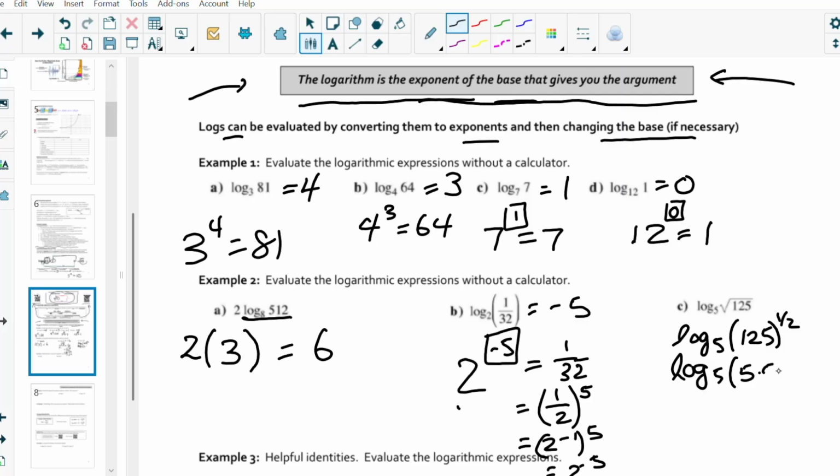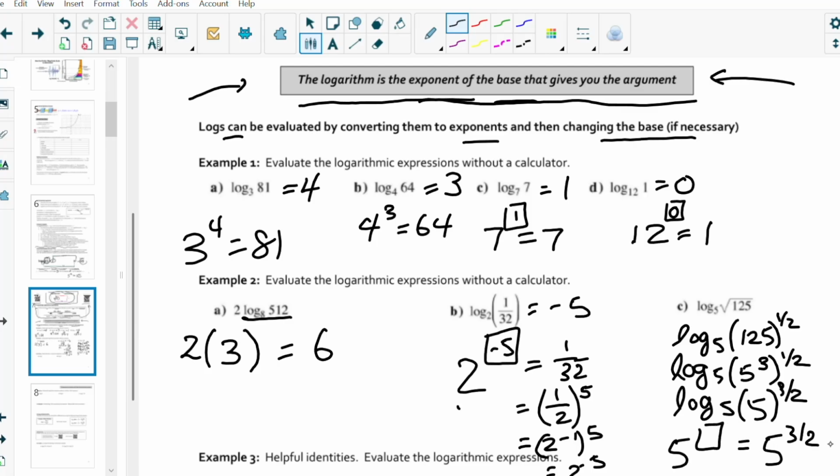Well, this is 5 times 5 times 5, or 5 cubed to the 1/2, log base 5 of 5 to the 3/2. Okay, 5 raised to what exponent equals 5 to the 3/2? Well, 3/2. And as we go along, check these on your calculator. When we're doing these for the first time, it can get a little confusing. You're like, how does that even work?